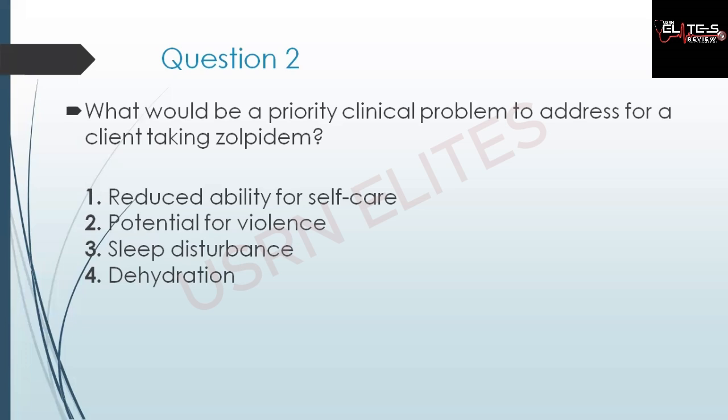It helps when you have trouble sleeping. Another student thinks the answer is 1, reduced ability to care for oneself, because the person will be oversleeping. But if someone is oversleeping, does it mean they have a reduced ability to take care of themselves? No. The answer should be 3, because that means the drug is not working if the patient is not sleeping. Good.